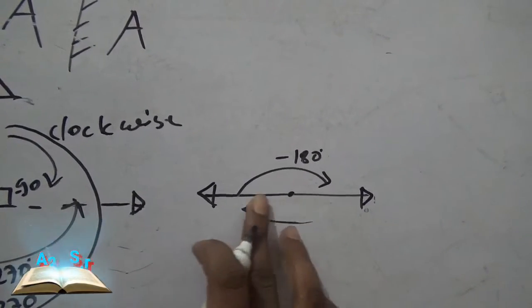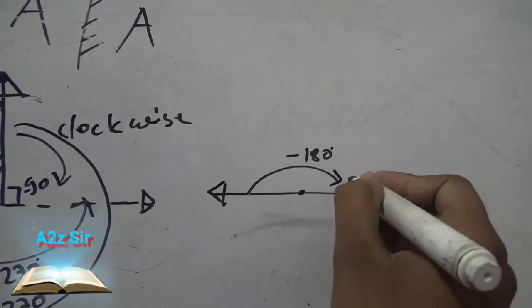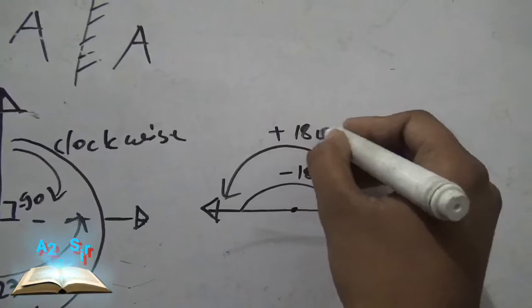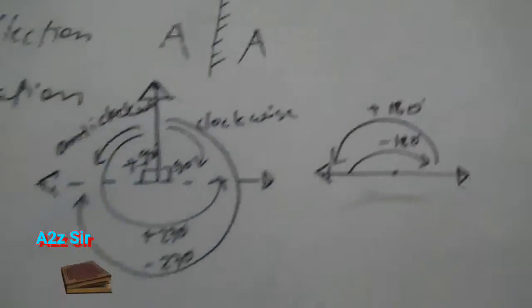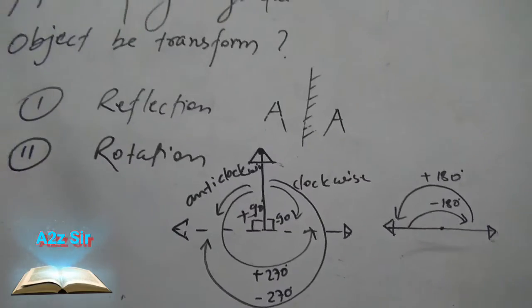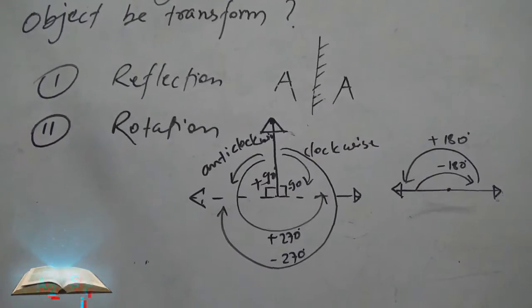Sorry, this one is plus 180 degree for anti-clockwise, and in this way rotation transforms the object into another form.